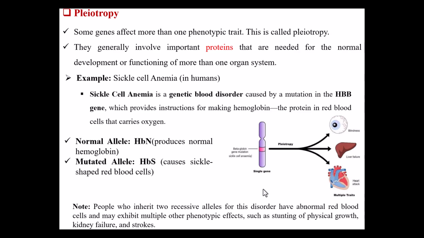The normal allele for this trait is HbN, which produces normal hemoglobin, and HbS, which causes sickle-shaped red blood cells.